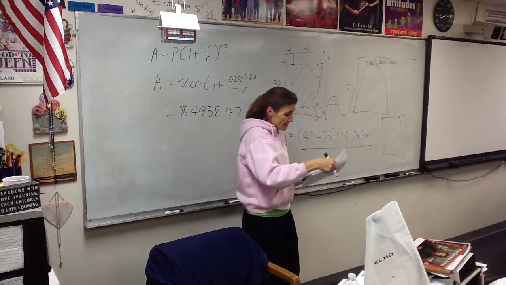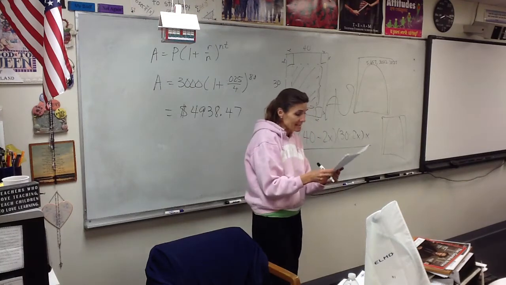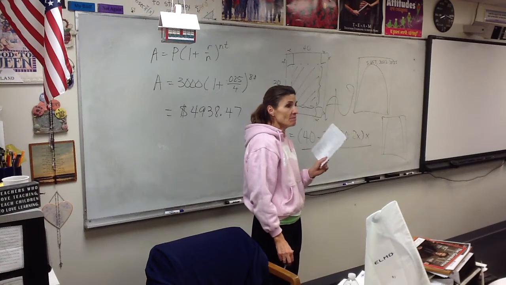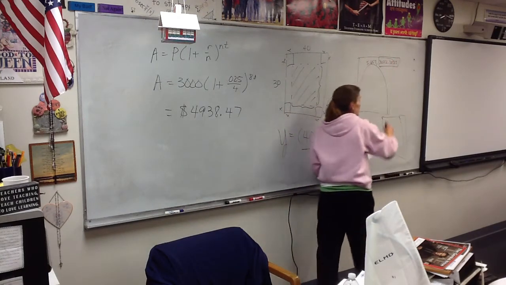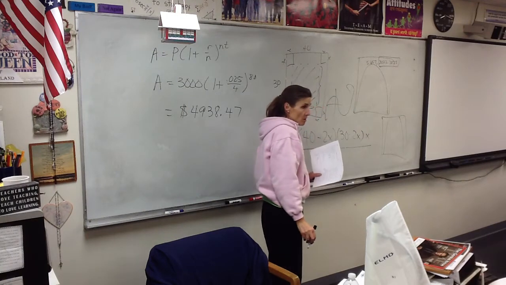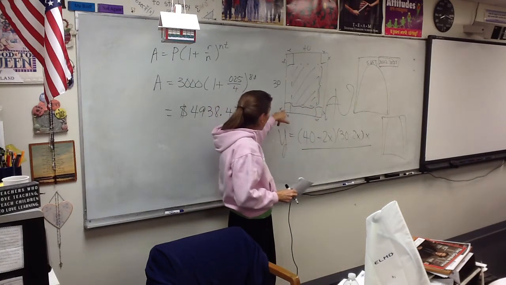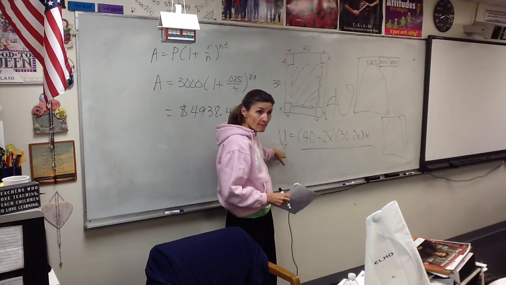Now, it says, what is the maximum volume of the box? The maximum volume of the box is this number right here. How do I know? Because when I wrote my equation, x was the corners and y was the volume.